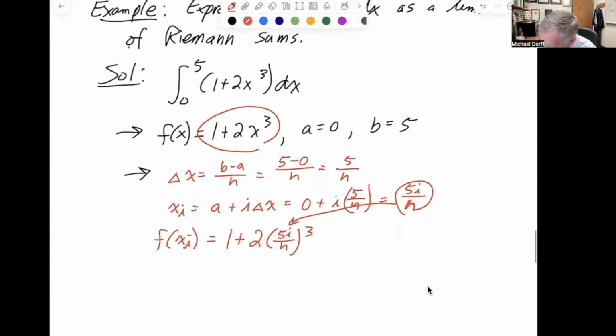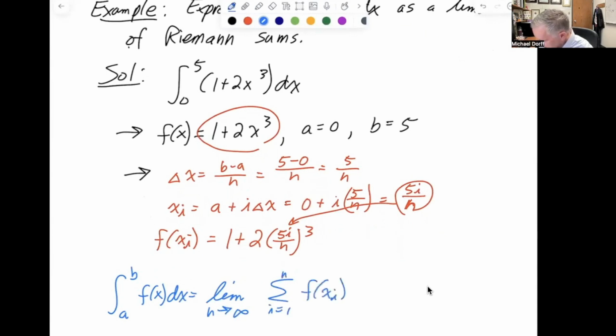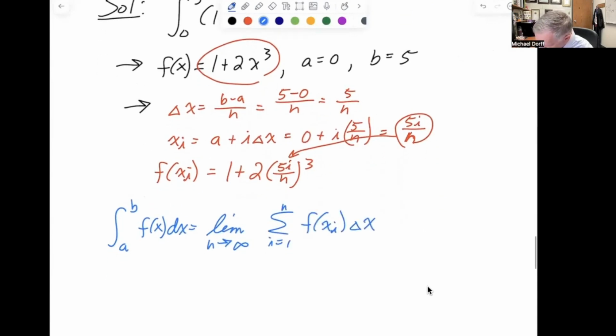All right, so then using the definition, the integral from a to b of f of x dx equals the limit, as n goes to infinity, of the sum i equals 1 to n of f of x sub i delta x. So in this one, we have 0 to 5 of 1 plus 2x cubed dx. That's going to equal the limit as n goes to infinity of the sum i equals 1 to n.